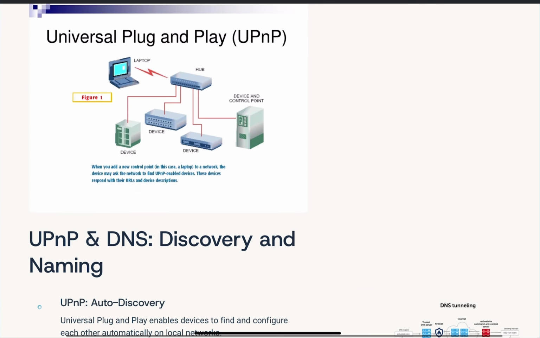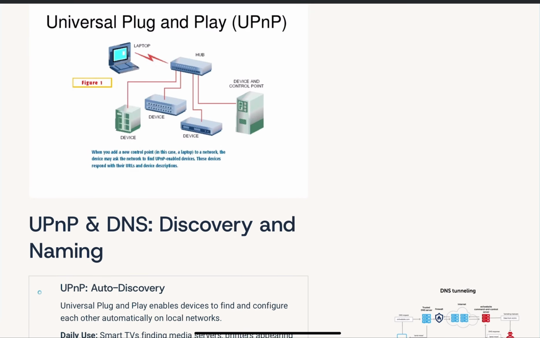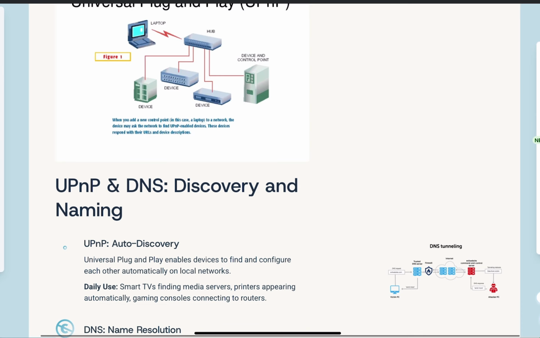And the Universal Plug and Play is basically used in discovery. So we use UPnP for discovery, and we use DNS for just naming.